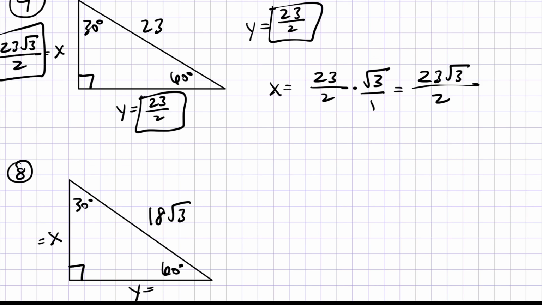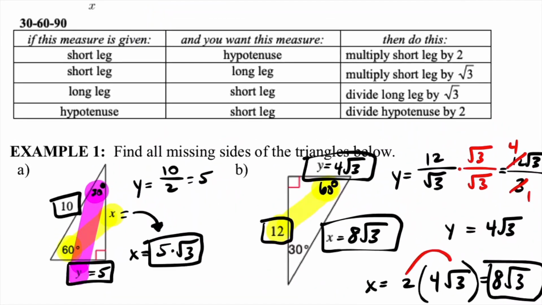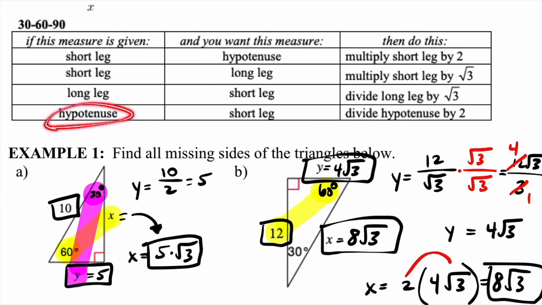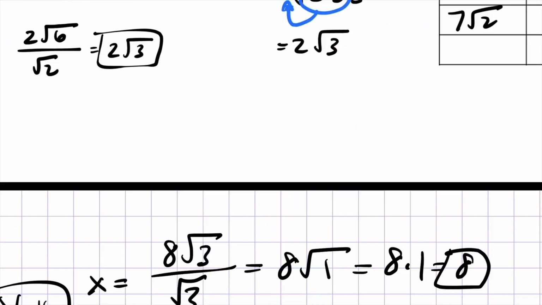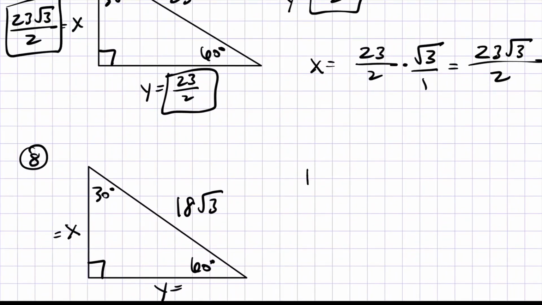I'm given the hypotenuse. To find the short leg, I'm going to divide the hypotenuse by 2, and that'll give me the short leg. So 18 square root 3 divided by 2.